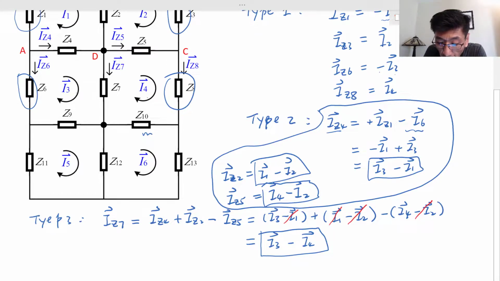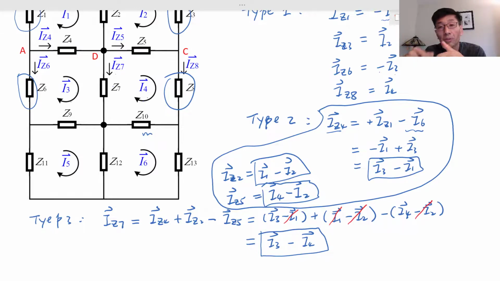I sub 3 is in the same direction as I sub 7, the reference mark, right? I sub 4 has opposite direction because this is clockwise, so this goes up through z sub 7. So in this case, if we have mesh currents going in opposite directions through the element, we always use the mesh current that's in the same direction as the element current minus the mesh current that's in opposite direction, right?